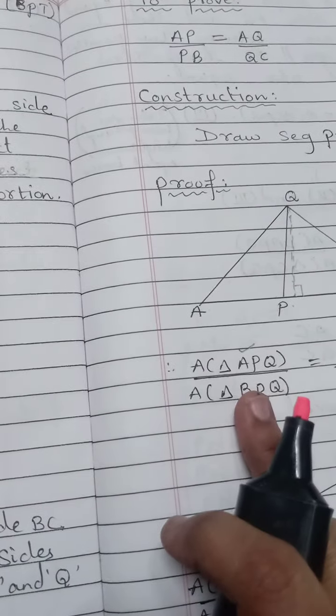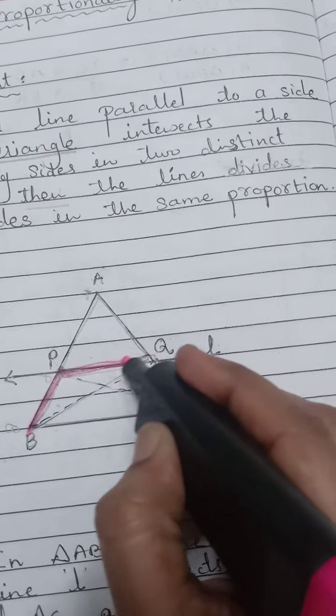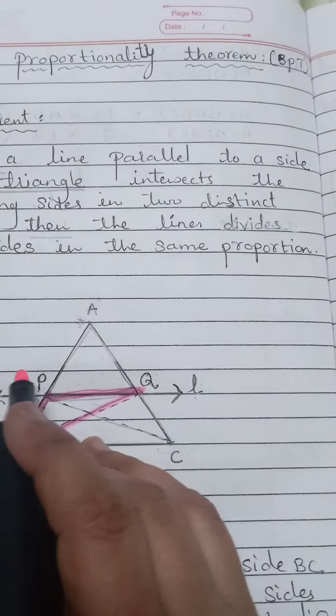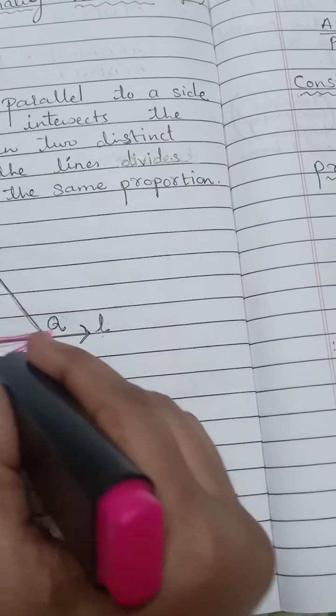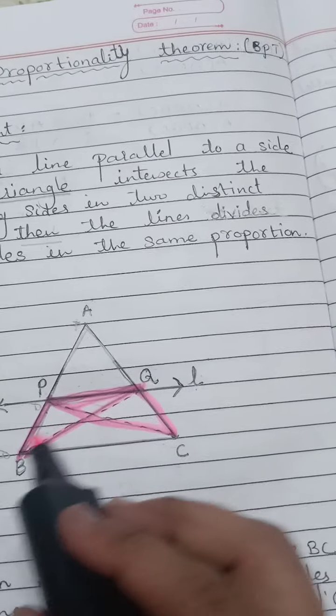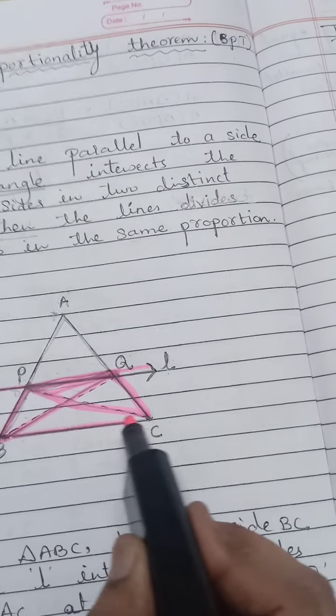So here the first triangle is BPQ, this triangle, and the next triangle is CPQ, this triangle. And if we look, these two triangles are lying between two parallel lines.